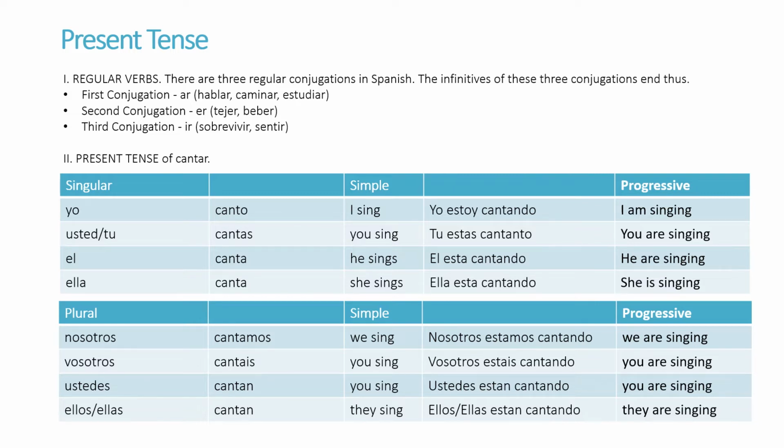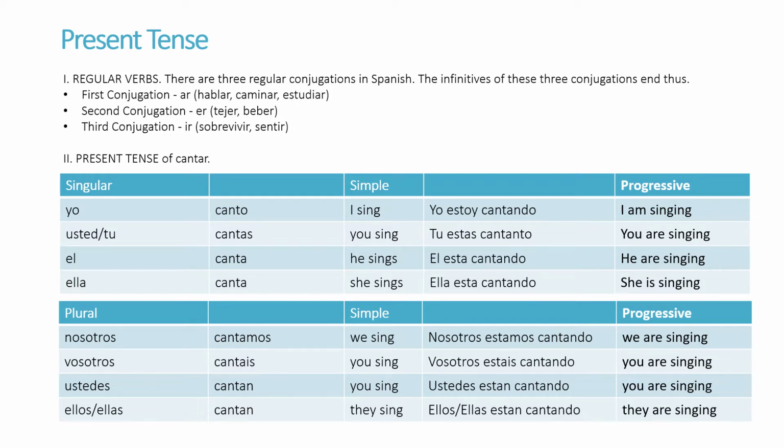The infinitives of these 3 conjugations end with, the first conjugation, ar. For example, hablar, caminar, estudiar. Talking, walking, studying. Second conjugation is with er. Tejer, beber. Sewing, drinking. Third conjugation is ir. Sobrevivir, sentir. Survive, feel.